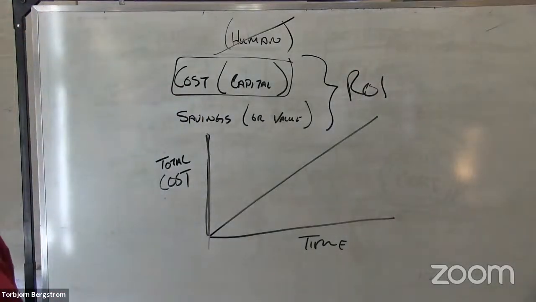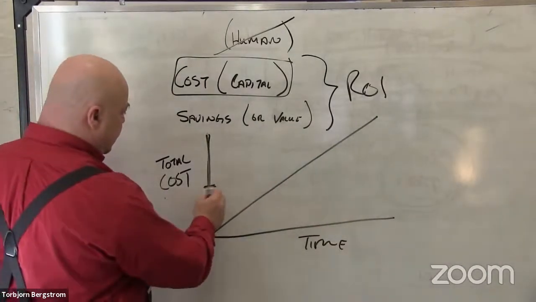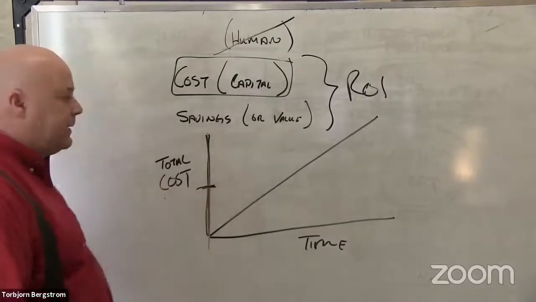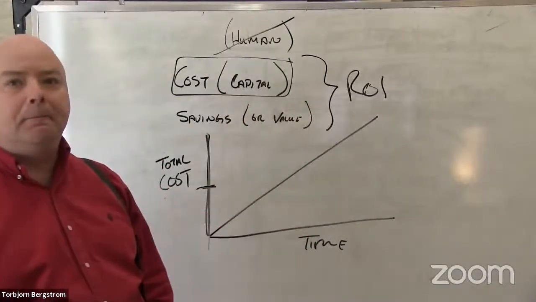What's the cost to automate? It's going to come in here somewhere. We're going to have some capital expense. And we're going to have still some cost over time to operate, right? But it should kind of dip down as you go longer over time. And so this is automate.